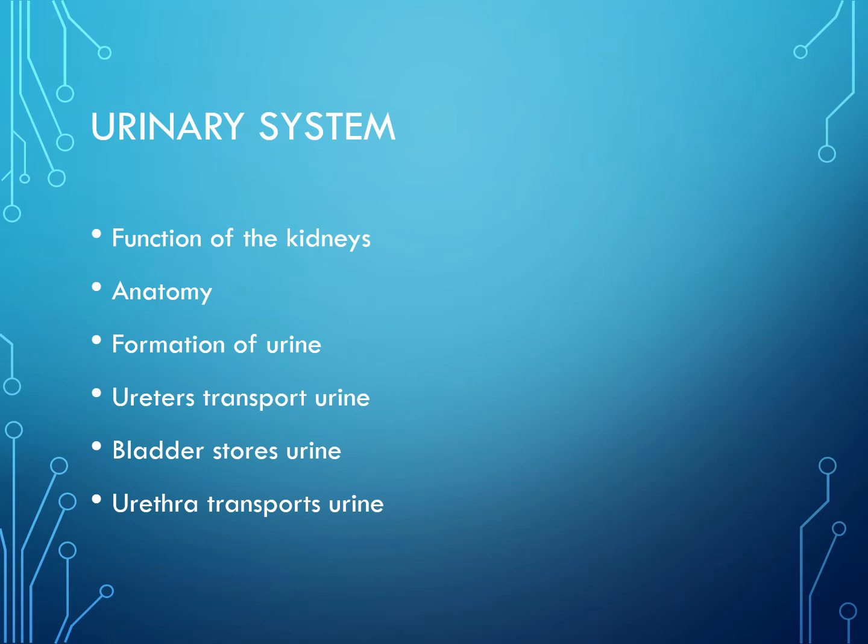The kidneys also help to regulate blood volume, blood pressure, electrolyte levels, and acid-base balance by selectively reabsorbing water and other substances. They also play a role in the renin-angiotensin-aldosterone system. They create urine. The ureters transport that to the bladder that stores it until it can be expelled.